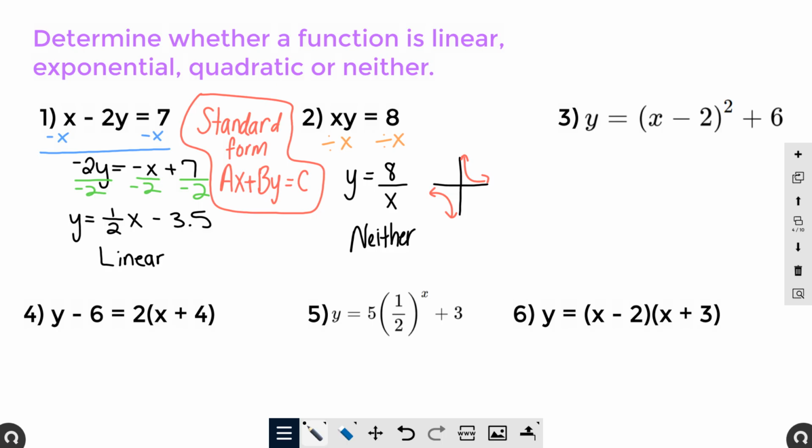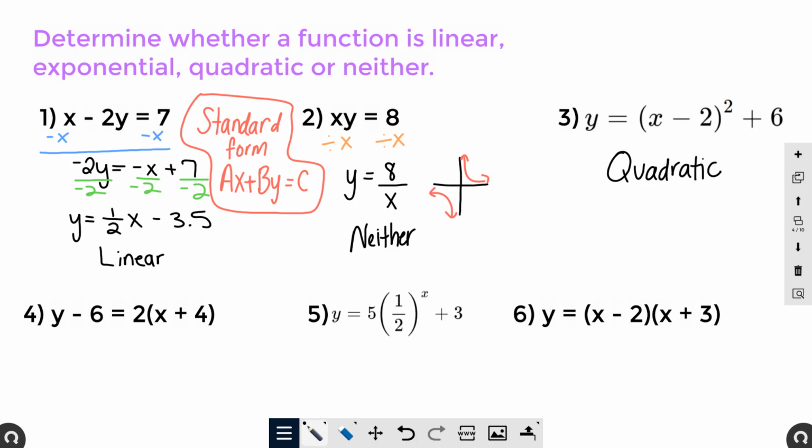All right, write down problem number 3. Do you need to do any work to this one? Do you know what it is? What is it? It's quadratic. What form of a quadratic is this?